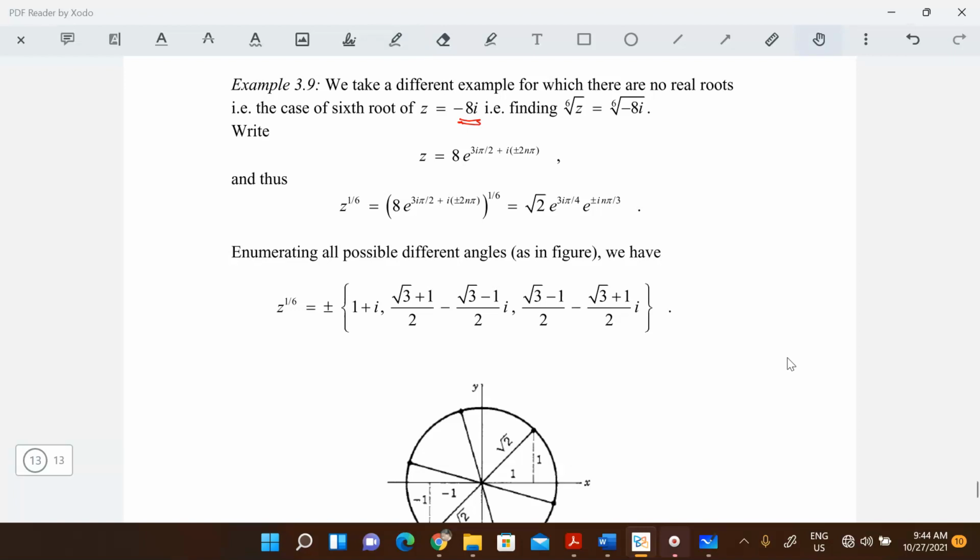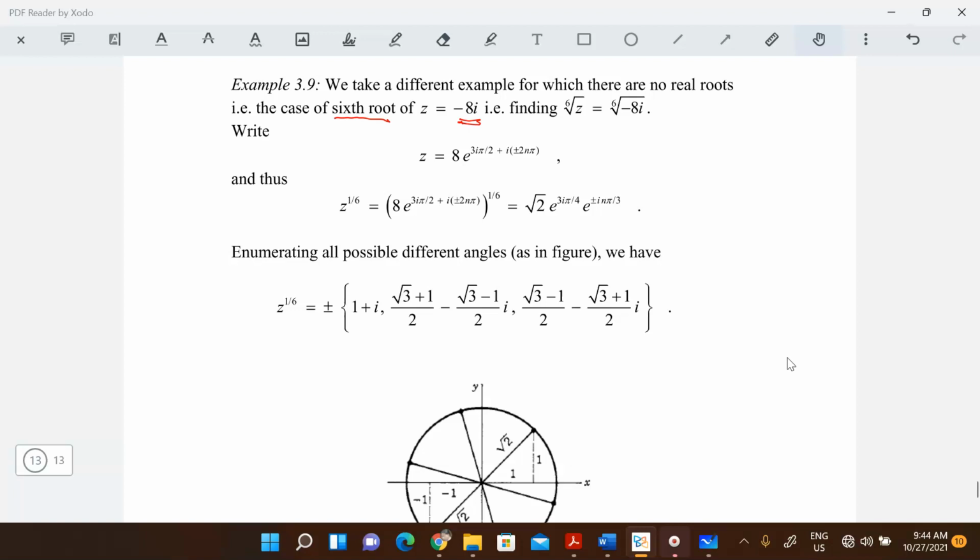In this case it's a 6th root. I need to convert this into polar form. This is now in Cartesian form, so there's no real part, only an imaginary part.